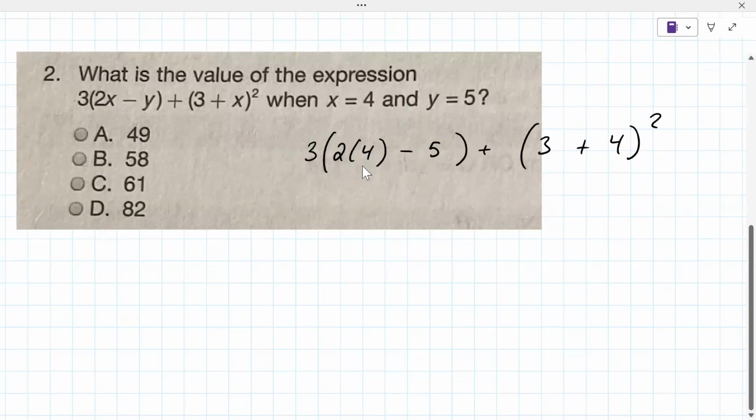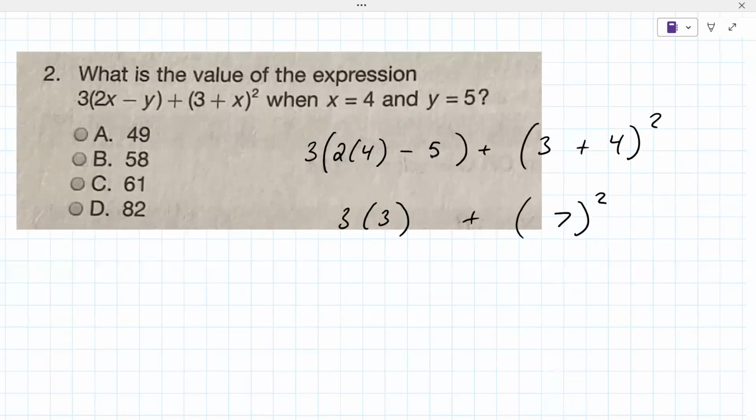What is 2 times 4? So it'd be 8 minus 5. It's 3. So 3 times 3. And what is 3 plus 4? That would be 7. And then it would be 7 times 7. I think that might have been where I went wrong. Is it 49? Yes, it is 49. So it's 9 plus 49.